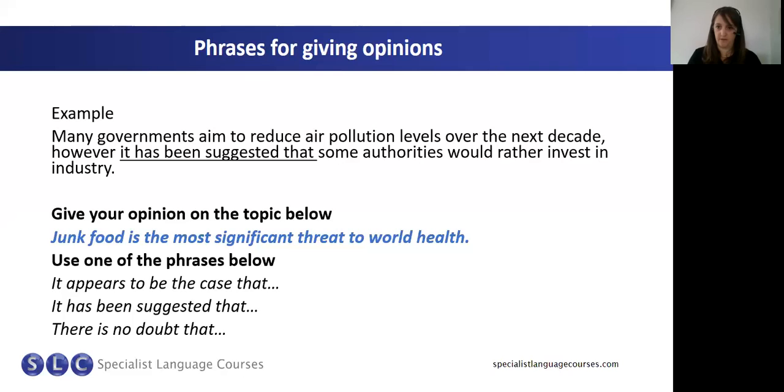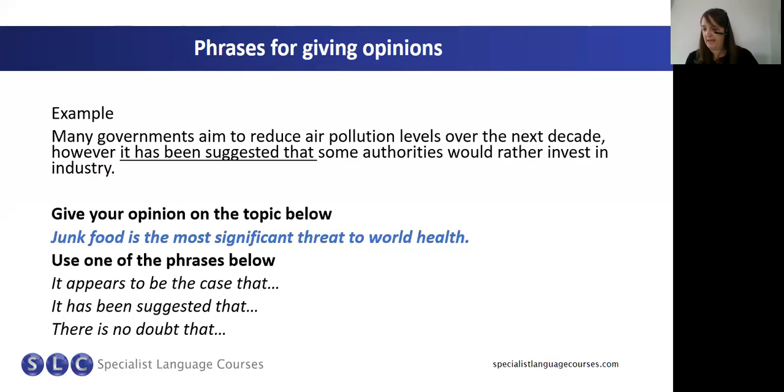Good, and we have a sentence from Magdalena. There is no doubt that unhealthy food is consumed more frequently than before, and cardiac diseases can be developed due to this issue. Good, so we're using a variety of phrases to express your ideas and opinions.